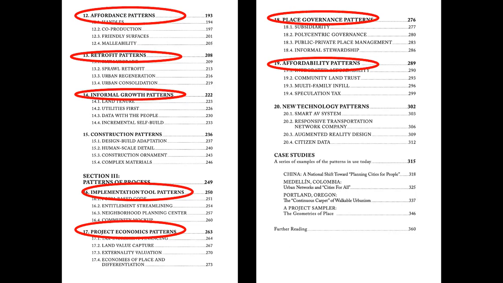Affordability, we've talked about that, how important that is, and how we're losing affordability in so many cities around the world today.